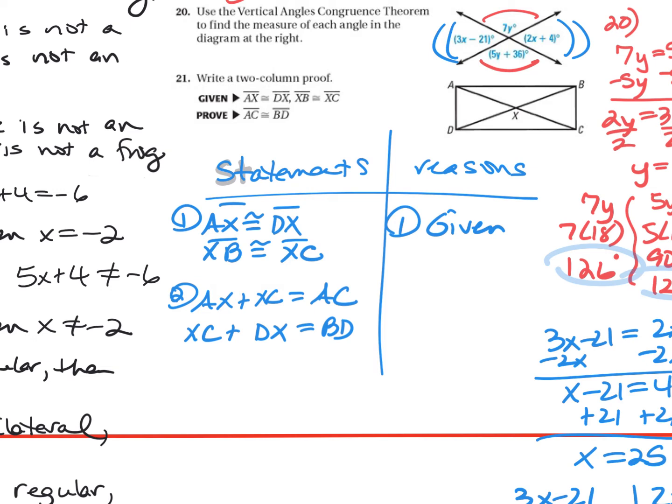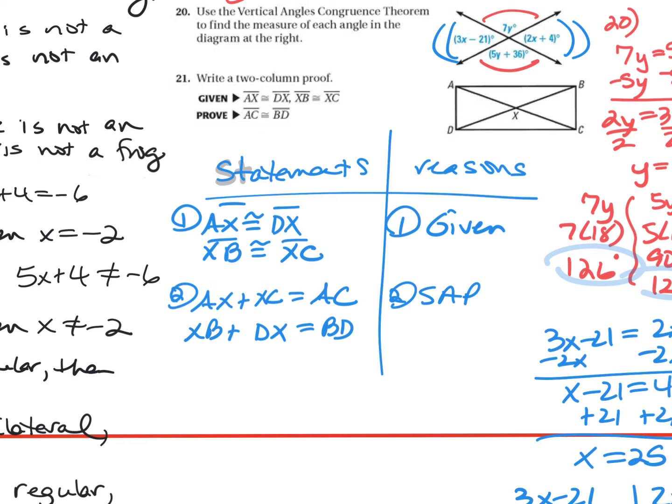Now what I can do is a substitution here. Hold on, I did something wrong here. BD is equal to XB and DX. I need to change this C. So it's going to be XB plus DX. Okay, so now this was segment addition postulate.